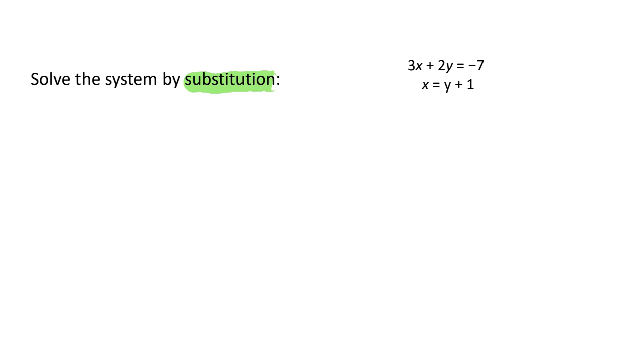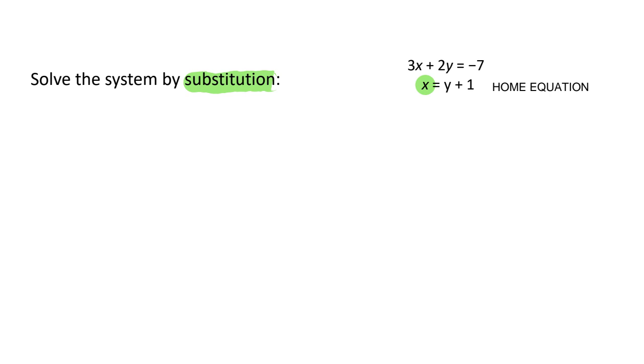But look at my second equation. It has x all by itself. The second equation is my home equation because I have this x all by itself.